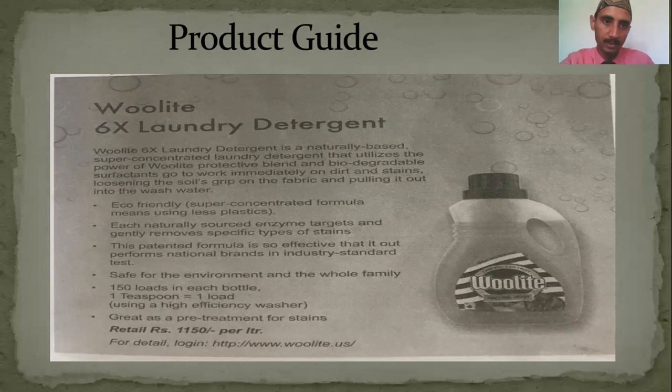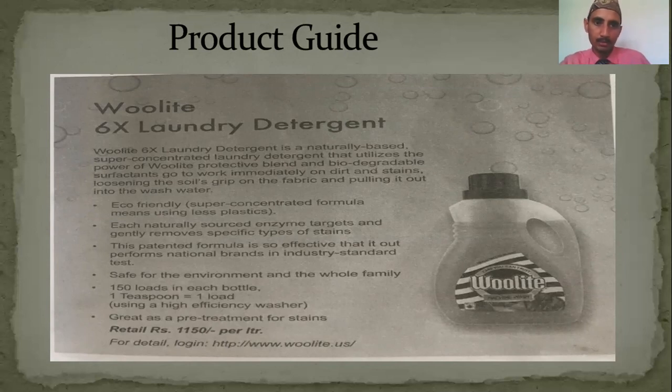The first sentence here is Oolite 6X laundry detergent. This is the topic here. And next, there is the introduction. Remember, the introduction is here as the user guide.